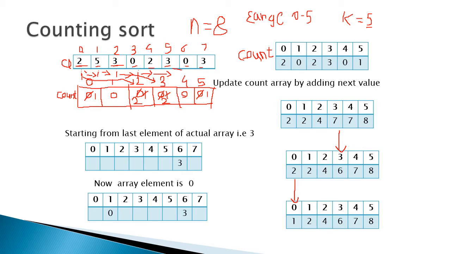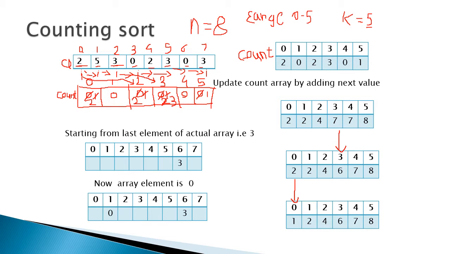Then next is 0, go to index 0, then 2, and the next number is 3. Again go to index number 3, and here we get the frequency of 3 also, that is 3.